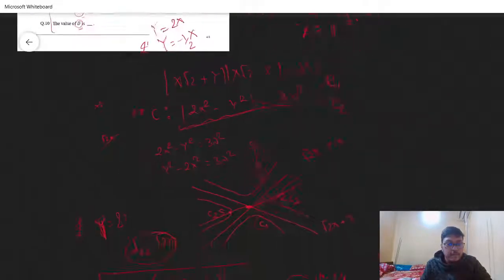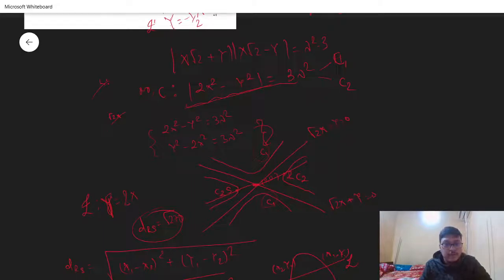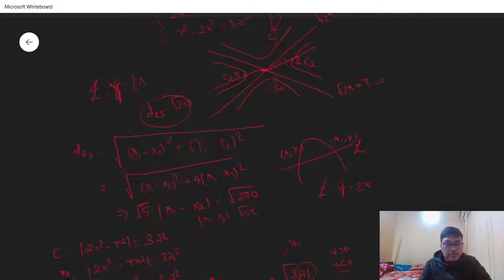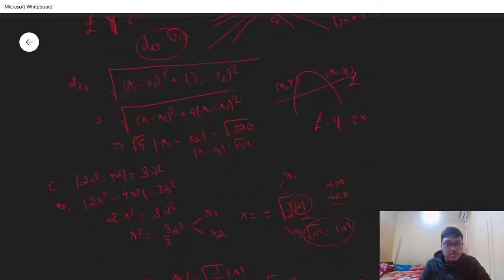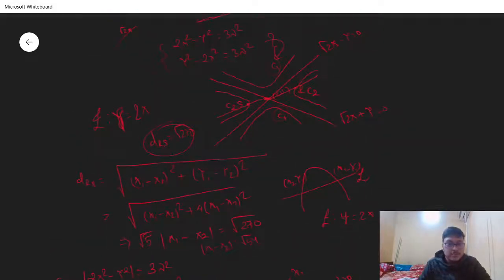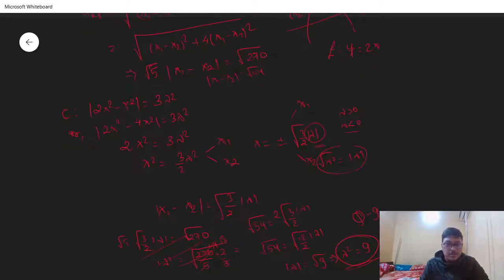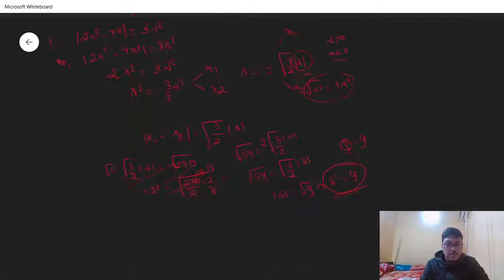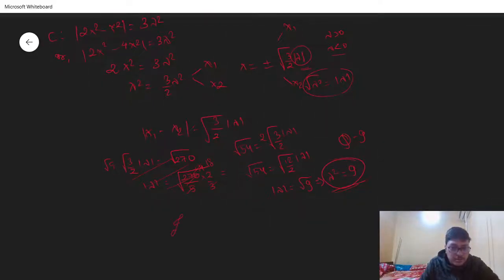I have written this directly because I've used the symmetry of the problem. The problem is symmetric about the point 0. So L dash would be y equals minus 1 by 2x.